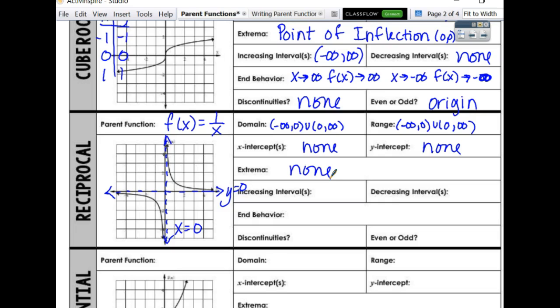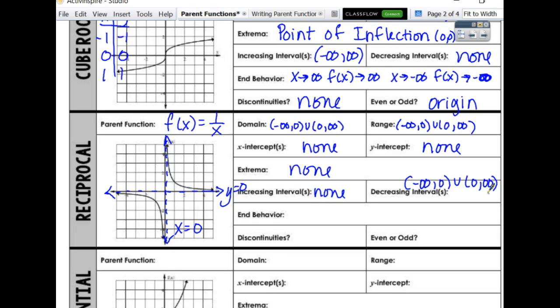Okay, everybody's whispering and trying to help you. There's none increasing, right? They're decreasing. Both of these are decreasing. So there's none, but the decreasing is negative infinity to 0, 0 to infinity.